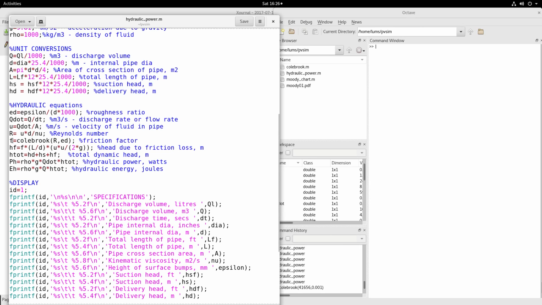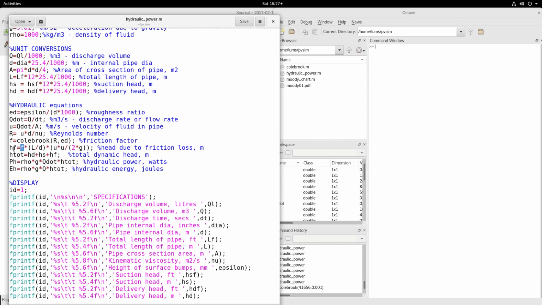Once you have all that, you can now use the Colebrook function which we developed earlier to obtain the friction factor. The inputs to the Colebrook function are the Reynolds number and the roughness ratio. Once you have the friction factor, you can obtain the head due to the friction loss using the Darcy-Weisbach equation, F into L by D into U square by 2G.